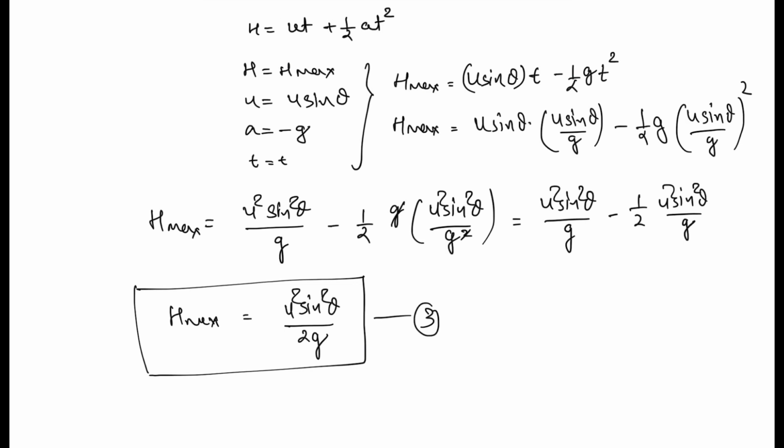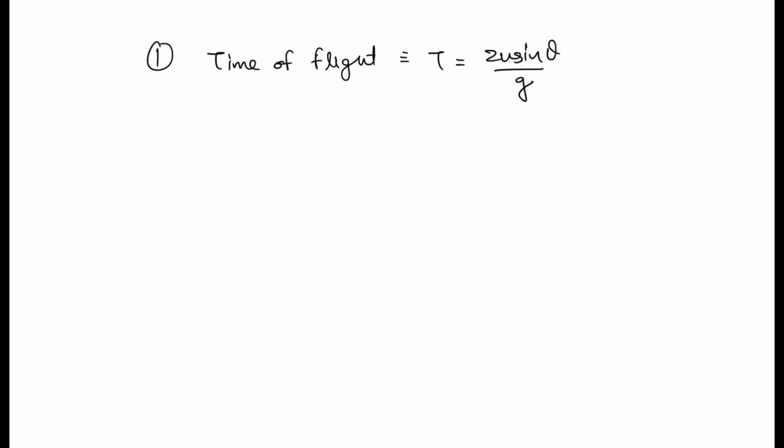Okay, so we have basically three important equations of projectile motion. One, time of flight, capital T is equal to 2u sin theta divided by g. Another, horizontal range, R is equal to u square sin 2 theta divided by g.